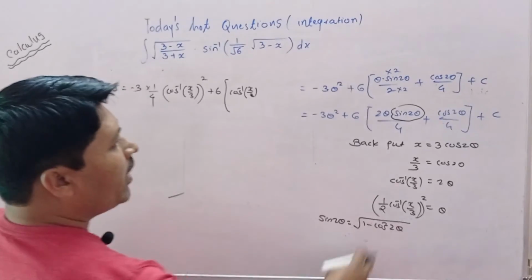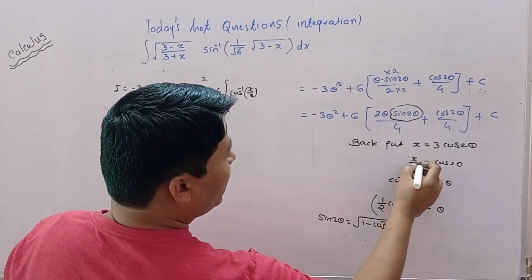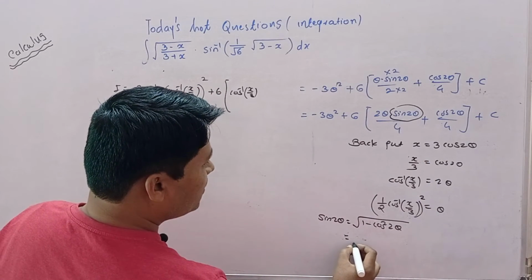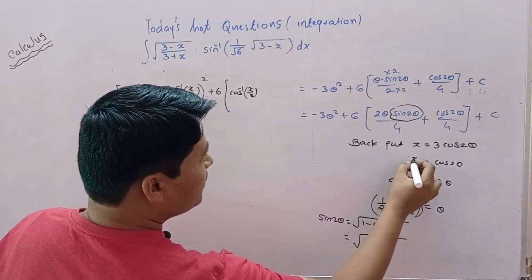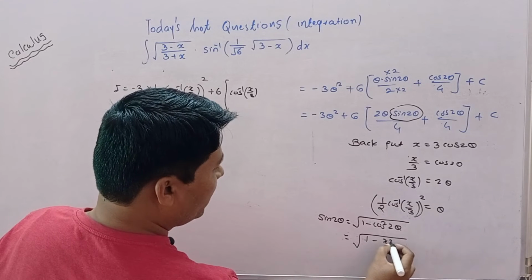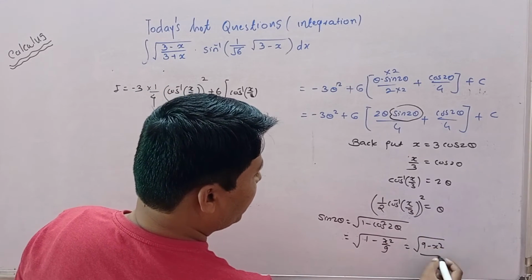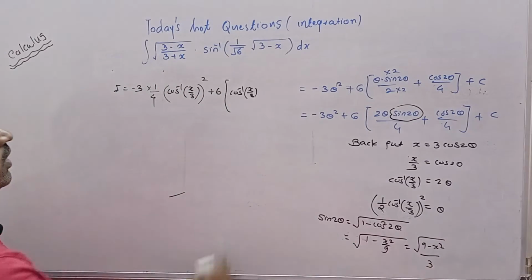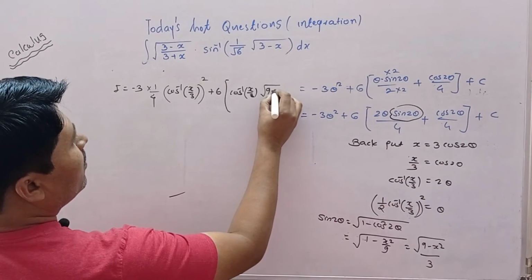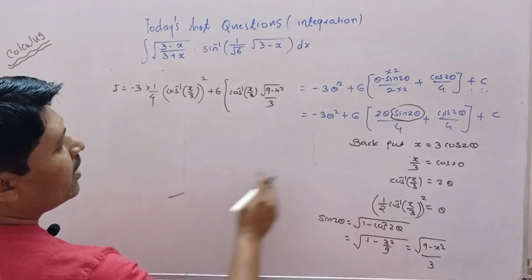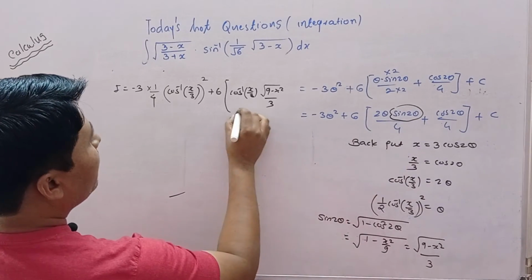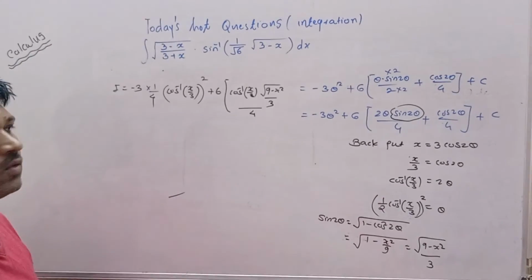We know that cos 2 theta is equal to x by 3, and this becomes 1 minus x squared divided by 9, which becomes the square root of 9 minus x squared divided by 3, and also divided by 4.